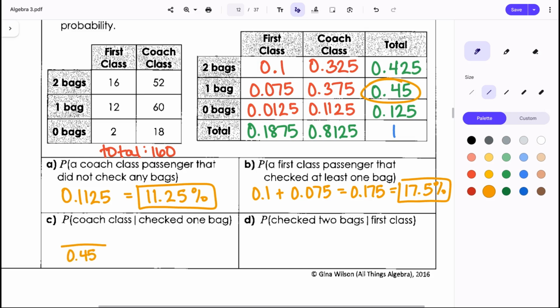And out of this row, how many were in coach? 0.375. So that's going to go on the top. You're going to divide those, which should get you 0.83, and the 3 repeats. It should be 0.83333333 forever. And then if I change that to a percentage, it would be 83.3 repeating percent.